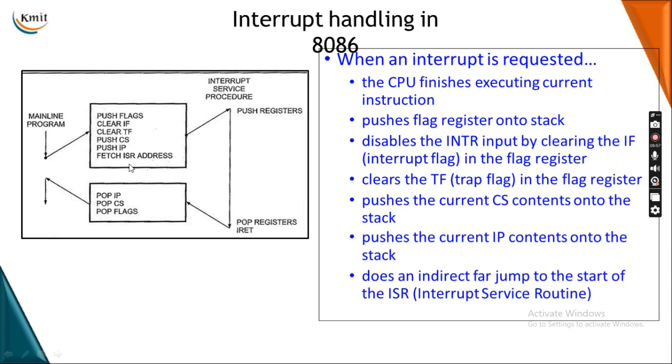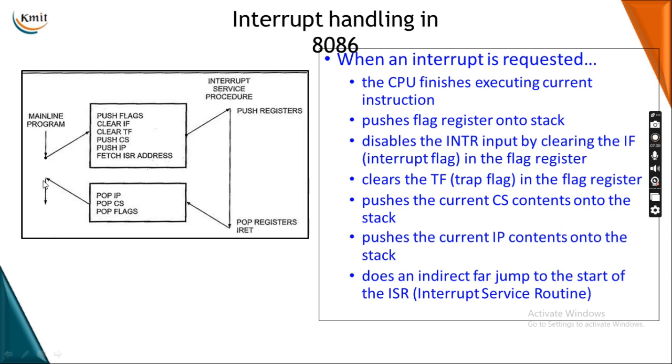It then completes the interrupt service routine first. Coming back, it pops the IP, pops the CS and pops the flags. Then it fetches the IP address, which starts execution of the current program.